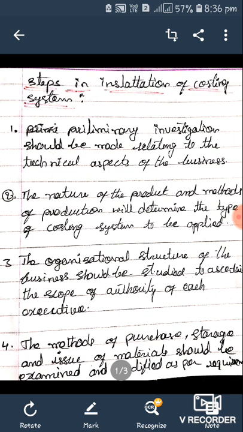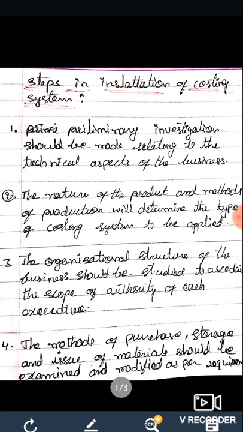And the organizational structure of the business should be studied to ascertain the scope of the authority of each executive. So what kind of organizational structure they are using, whether line and staff, scientific management, or functional organization. These should be studied to know the authority levels of the people before installing a costing system in a company.